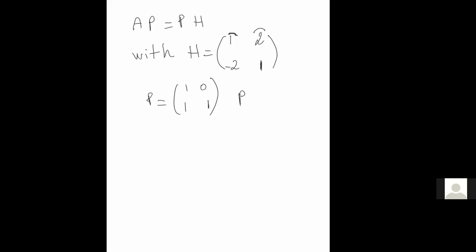And the matrix P is v1 as the first column and v2 as the second column. All right. And so if I want to compute the inverse, I just have to do 1, 1, 0, minus 1. Okay, you can check, this is the inverse.